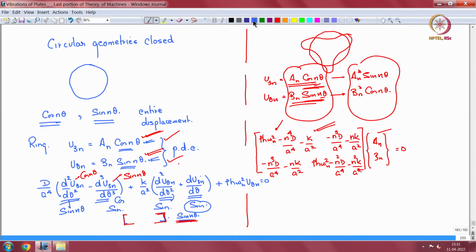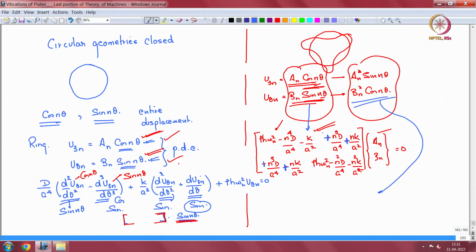So from here you get this, and from here you will get it slightly different. Okay. So let me do it here. So this becomes a plus, this will become a plus, this will become a plus, this will become a plus if you use the blue, this one. Okay. You use this one.